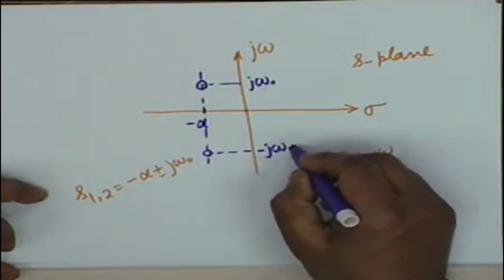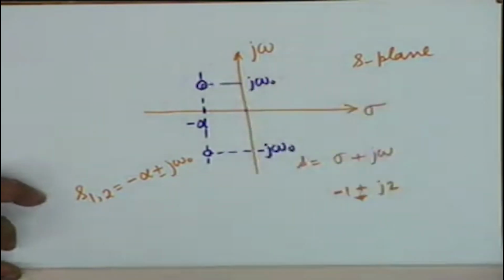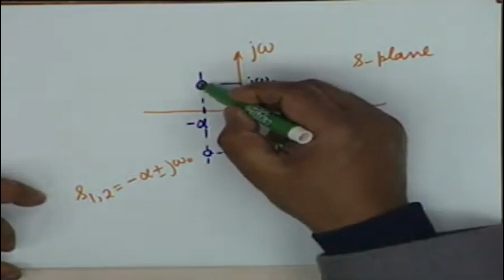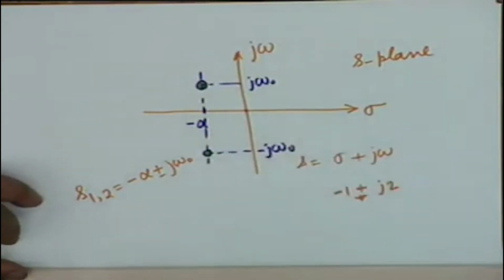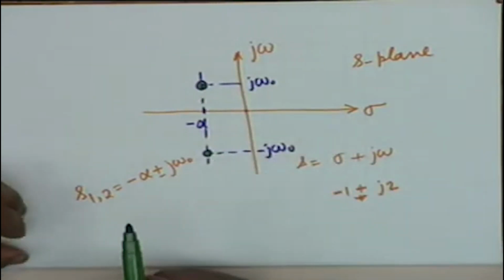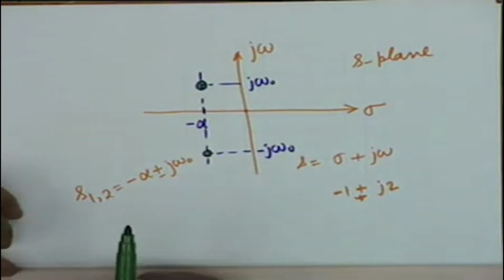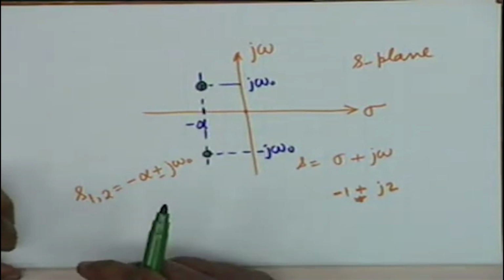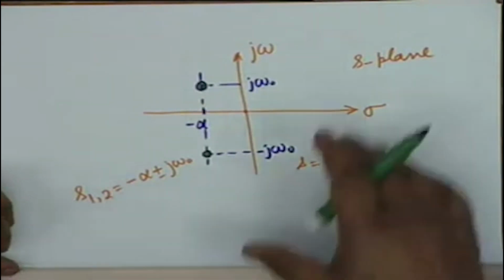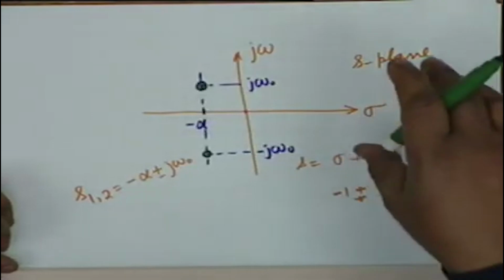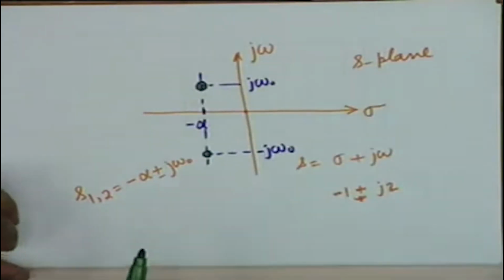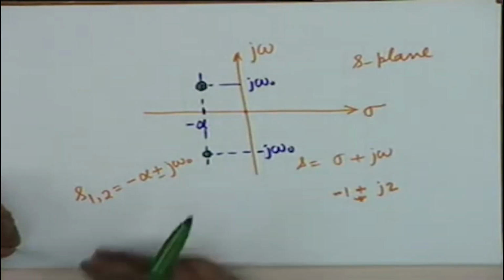This distance is minus j omega 0. So these 2 points painted green inside are the 2 roots of the characteristic equation, and they can be represented in the complex plane. This plane is called a complex plane because we are representing complex quantities on this plane, or the S plane.